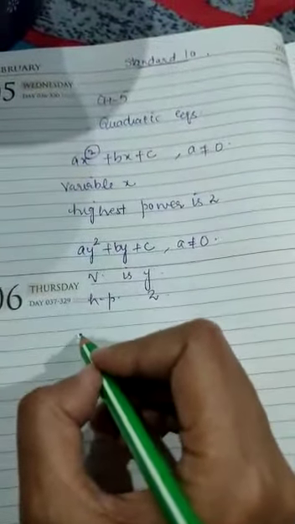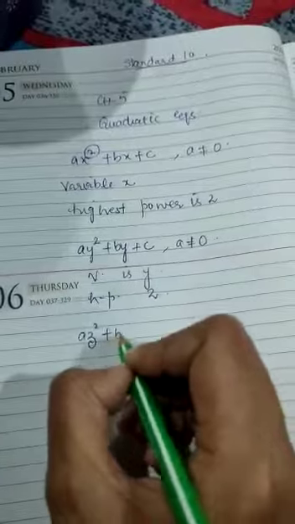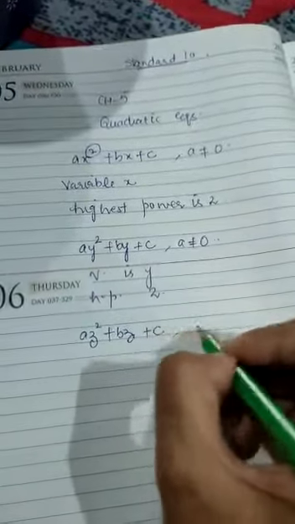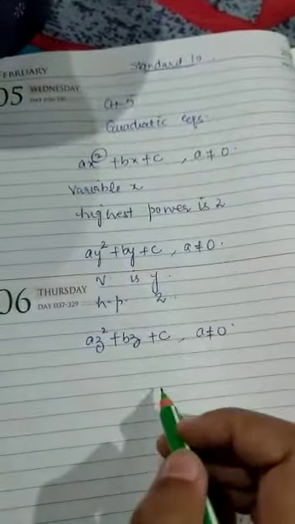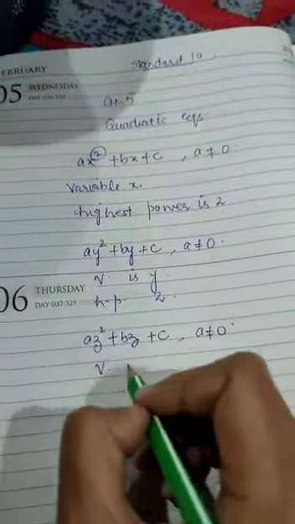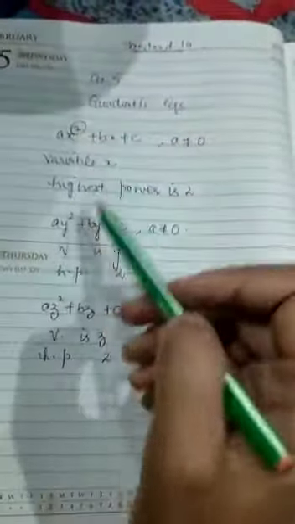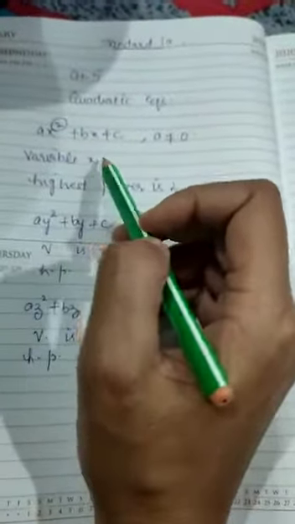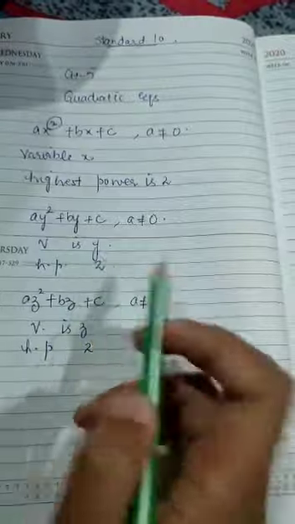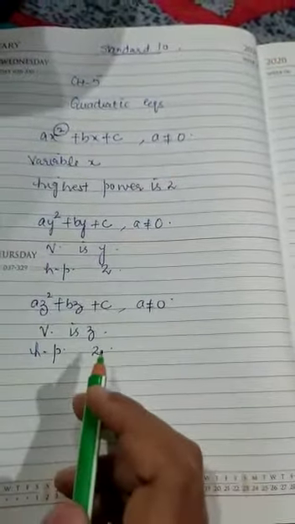Now I am going to write one more example. Az square plus bz plus c, a is not equals to 0. So here again the variable is z and the highest power is 2. So in all these we have the highest power 2, and here the variable is x, here the variable is y and here the variable is z.